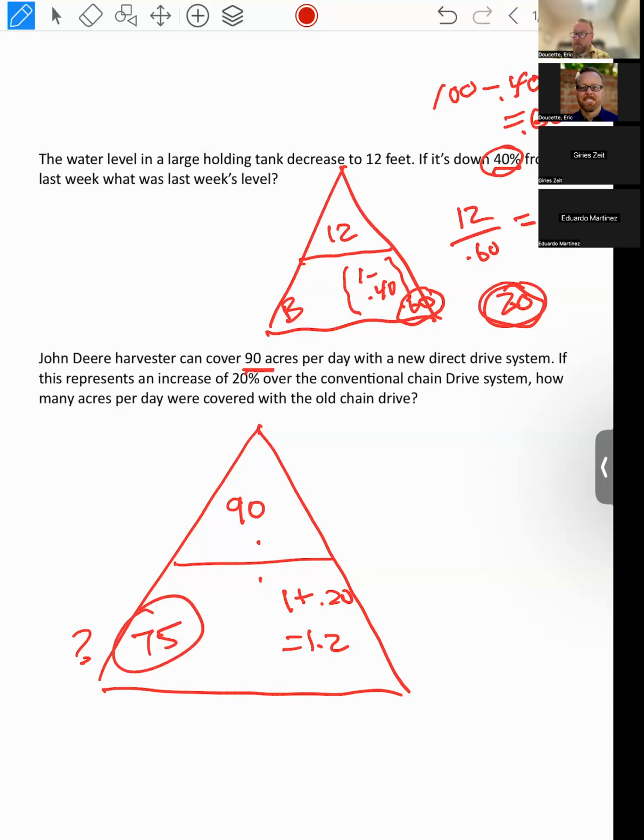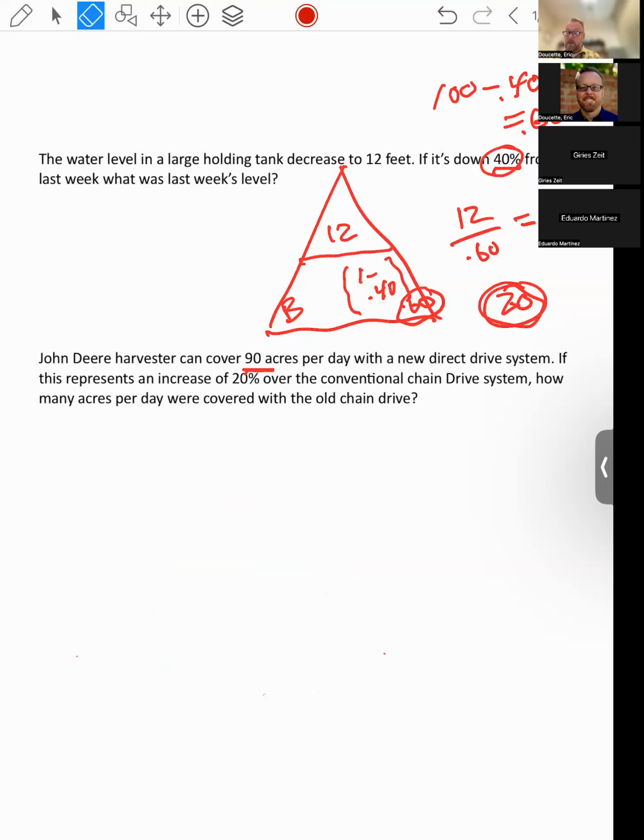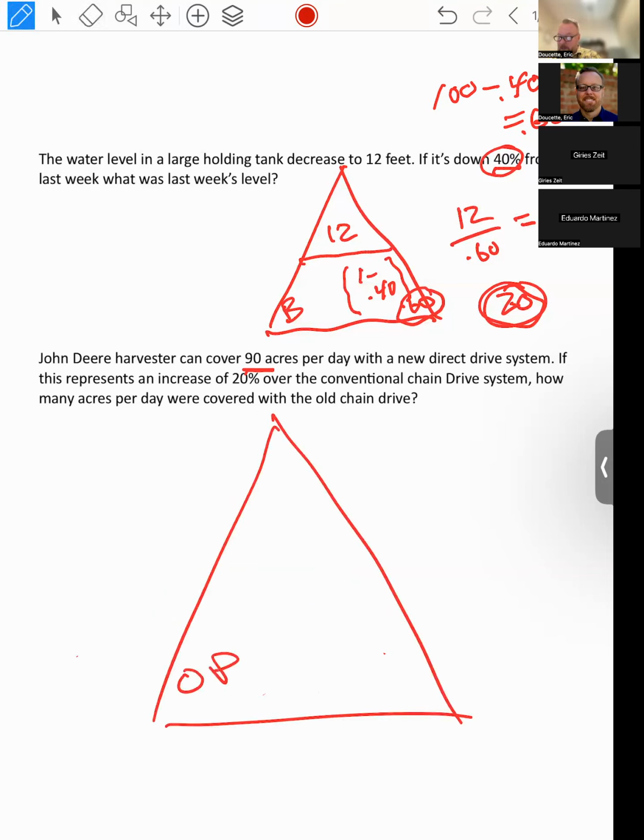So another way to look at this formula, by the way, when you're dealing with what we call original price, this will become more important later on, but you might say this is original price, this is sales price, this is rate. So if I know the sales price or the new price compared to the old price, it depends on which one I'm looking for, but I can solve for one or the other depending on what they're looking for.